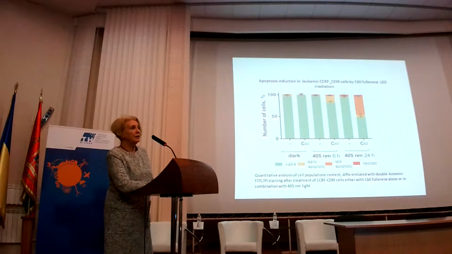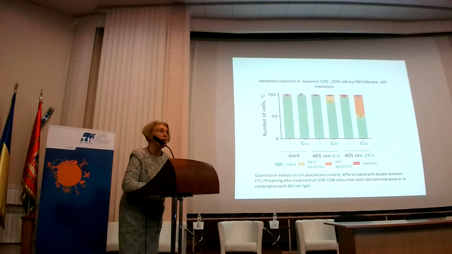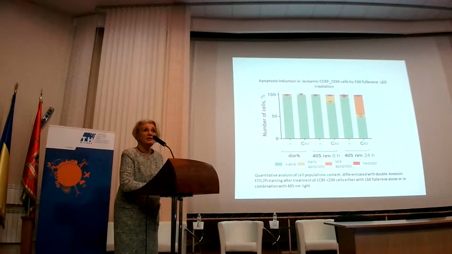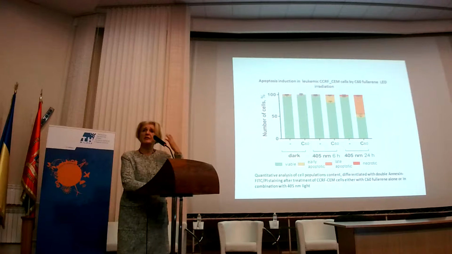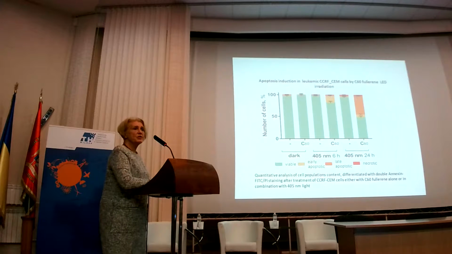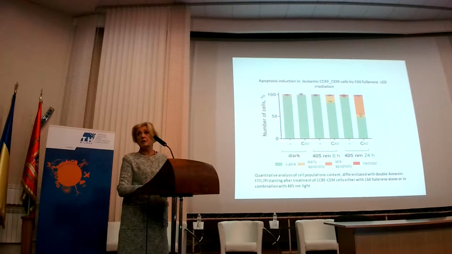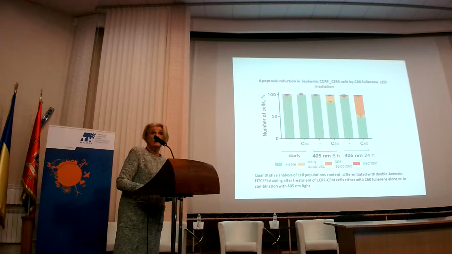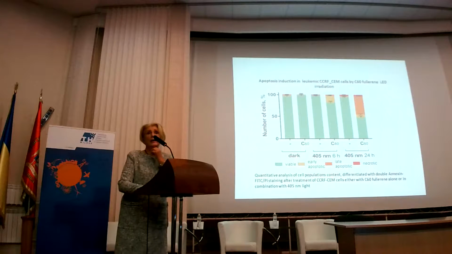So I hope that I convinced you that fullerene C60 is a perspective photosensitizer for PDT, and this field needs newcomers, because it's possible to modify the fullerene surface with an antenna, with specific ligands to receptors on the cancer cell surface, or with enzymes. These are very interesting constructions which are made nowadays, and they wait for their application and for their estimation for clinical application.